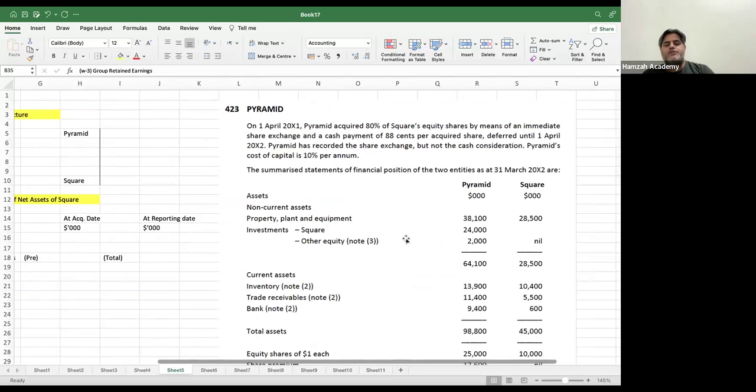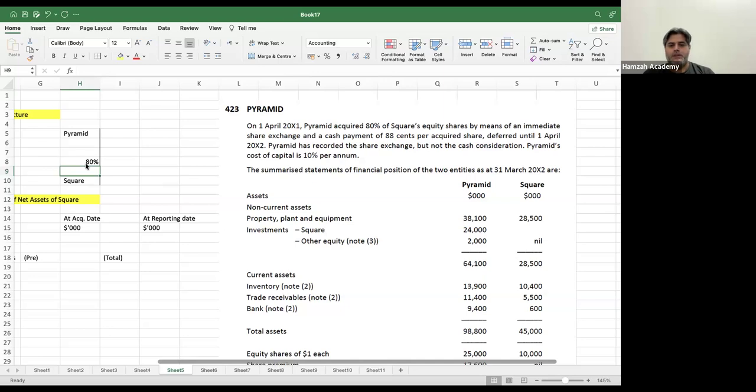On 1st April 20x1, exactly 1 year ago, Pyramid acquired 80% equity shares by means of an immediate share exchange and the cash payment of 88 cents per acquired share, deferred until 1st April 2022. Okay. Pyramid has recorded the share exchange, but not the cash consideration over here.